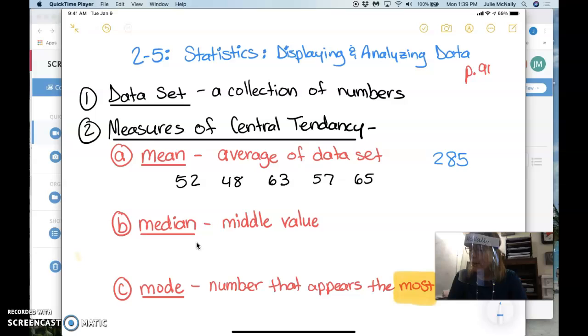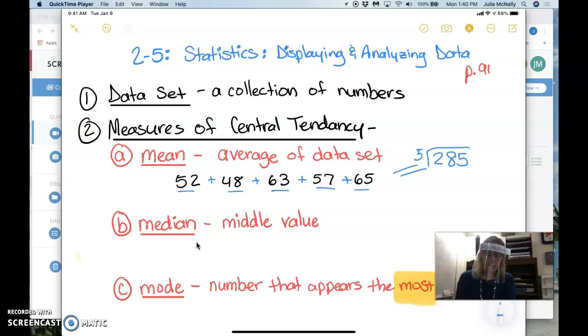So we add them all together. I'll put some plus signs here so we can remember what we did. And we got that number. And now once you add them together, you divide by how many numbers there are. How many numbers are in our data set? 5. If I count, there's 1, 2, 3, 4, 5. So I'm going to divide 285 by 5.